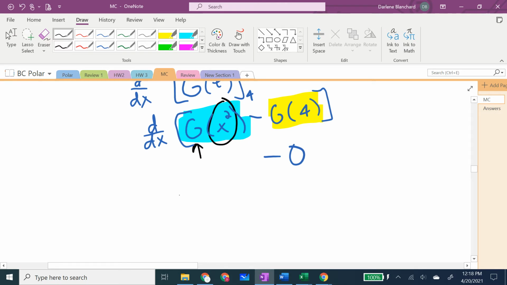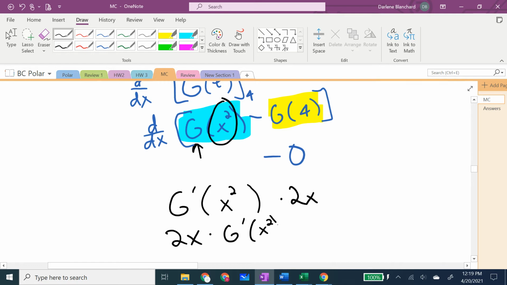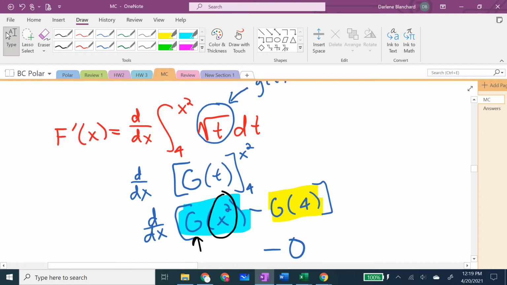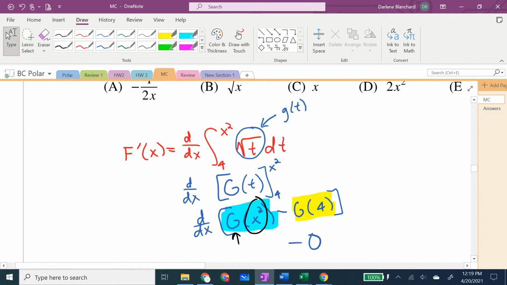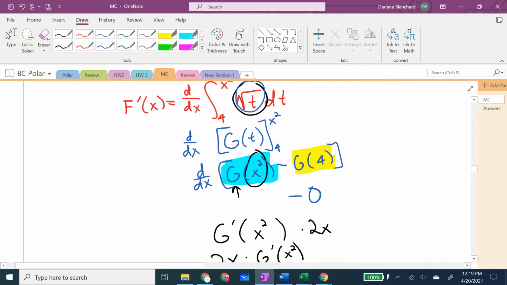Chain rule says derivative of the mommy, give mommy her baby and multiply by derivative of baby. And now I have 2x times g prime of x squared. But if I integrated little g to get big G, what's big G prime? That's the square root of t.